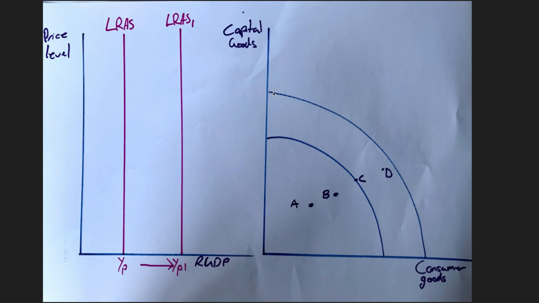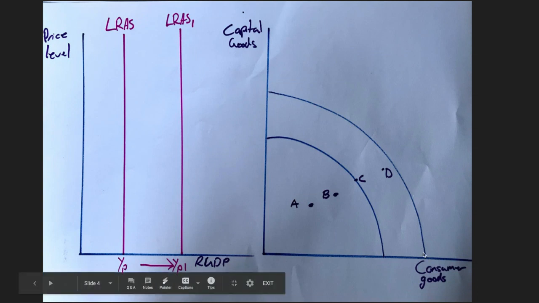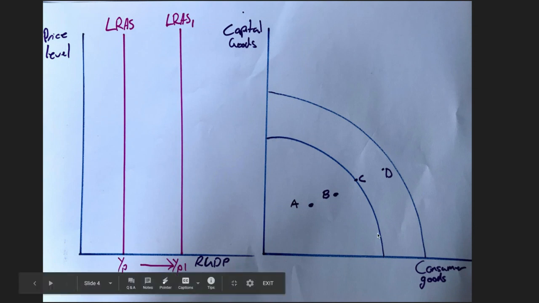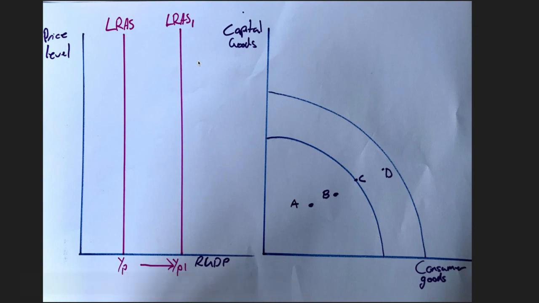And that line is the same line as this new line, which is drawn out here on our PPF curve. Now you'll see that we have our points A, B, C, and D. Previously, D was unattainable at our first line of LRAS and our first point on the graph. Now that our productive capacity has shifted and everything has moved outwards, we can now reach D.